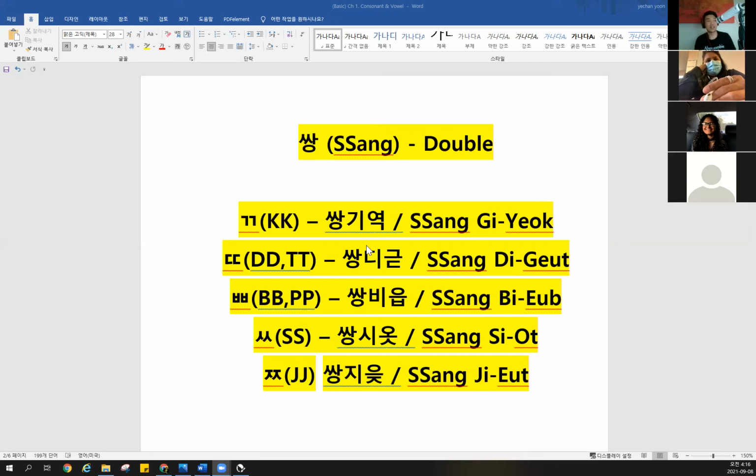Okay, next double consonant is 쌍디귿, double 디귿, guys. 쌍디귿 sounds like d. If I give you an example, it's going to be 떡볶이. You guys know what it is? Spicy rice cake, a Korean food. So 떡볶이 can be the example of the 쌍디귿.